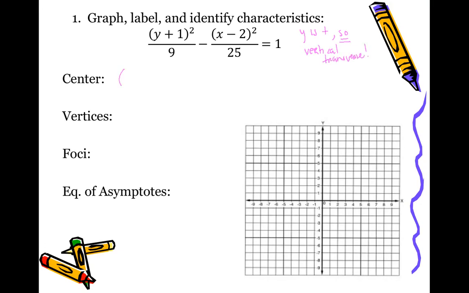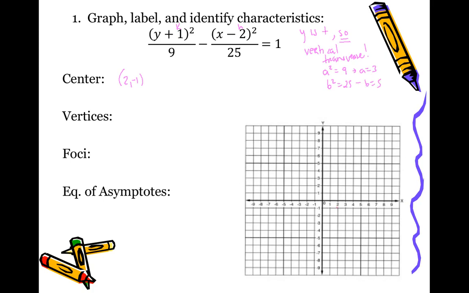Okay, so the center is going to be 2, negative 1. Just be careful there, h, k. And since it's a vertical transverse axis, I know a squared is 9. So a is 3. b squared is 25. So b is 5. I'm going to plot my center.